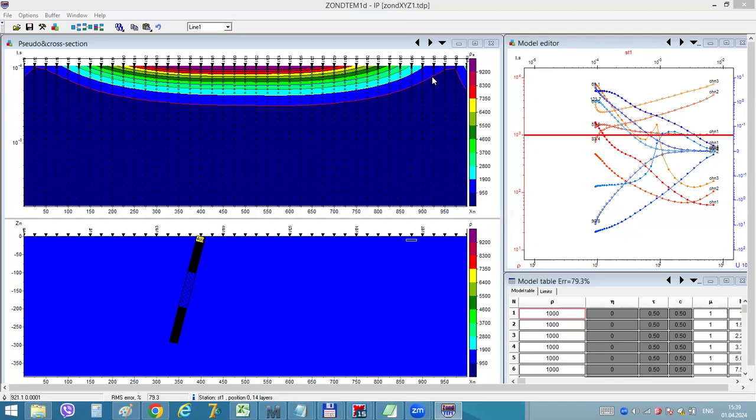If this half space value is very far from the conductivity of the solution, it can be a problem, and we can have an unsatisfactory solution. So we need to do something with it.